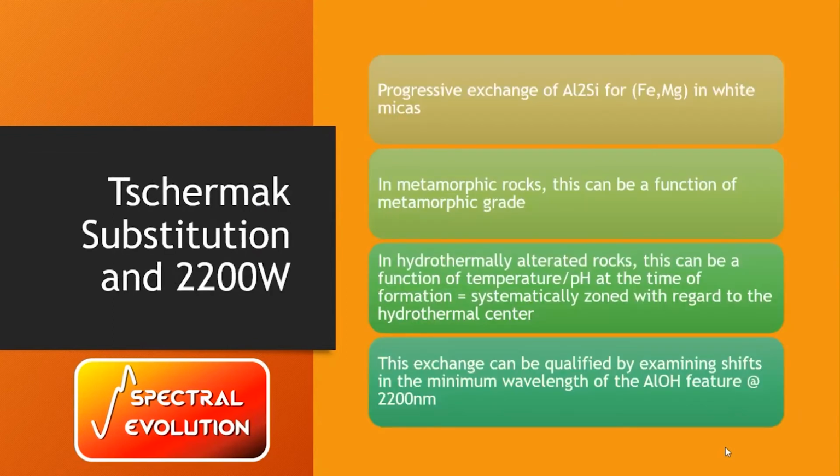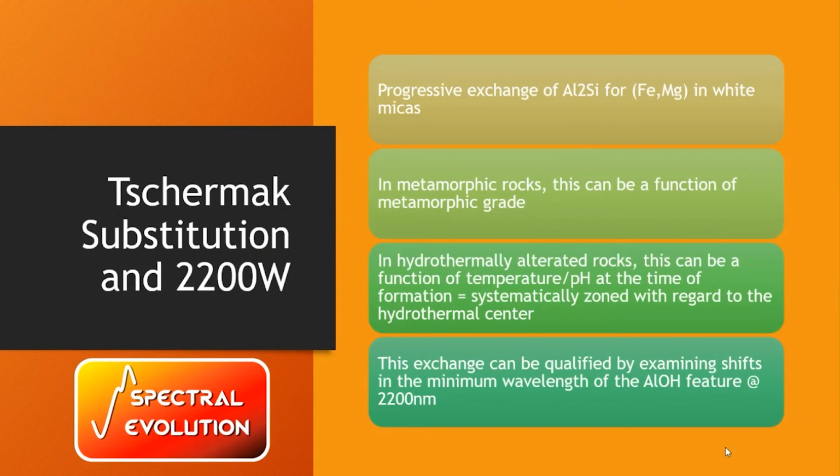So back to the Tschermak substitution. This is going to be a phenomenon where the iron and magnesium can substitute into the crystallographic structure along with the substitution of those tetrahedral coordinated aluminum for silica. In metamorphic rocks, this can actually be a function of metamorphic grade.